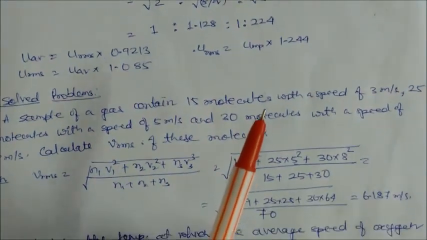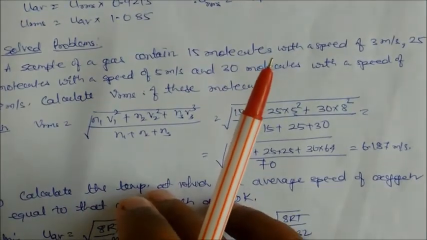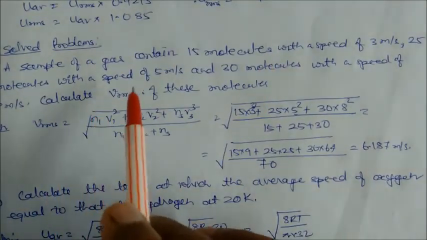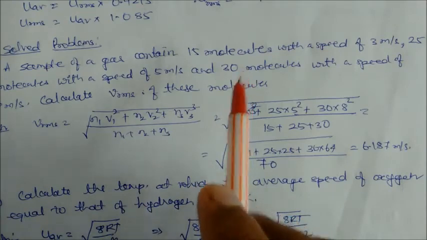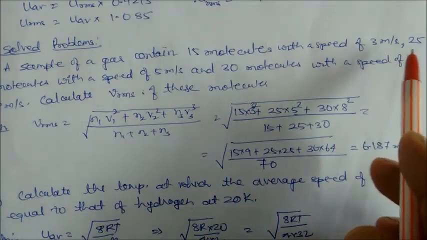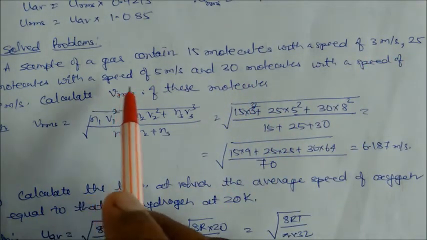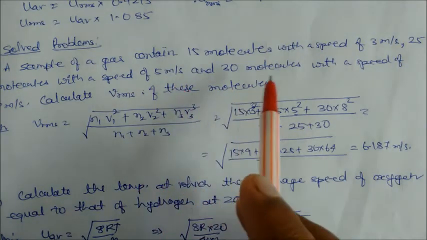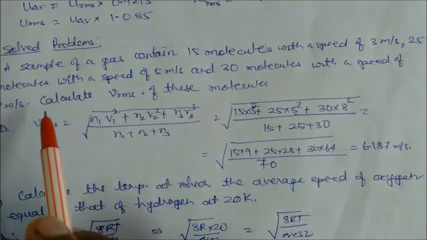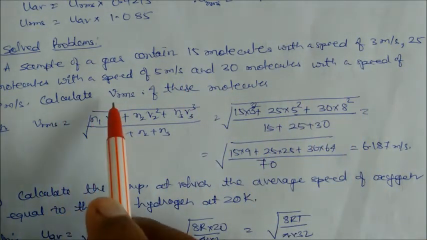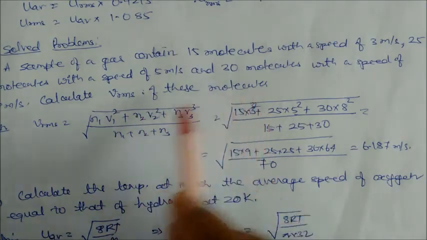Now let us see some problems based on molecular speeds. A sample of a gas contains 15 molecules with a speed of 3 meter per second, 25 molecules with a speed of 5 meter per second, and 30 molecules with a speed of 8 meter per second. Calculate the URMS of the molecules.